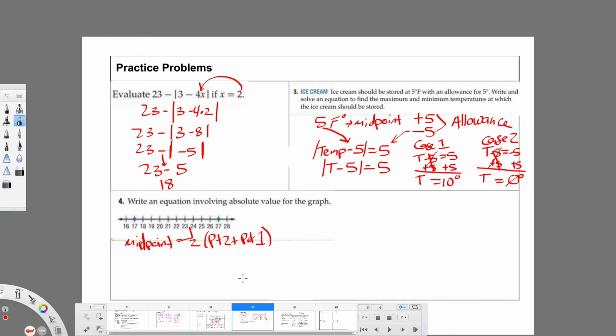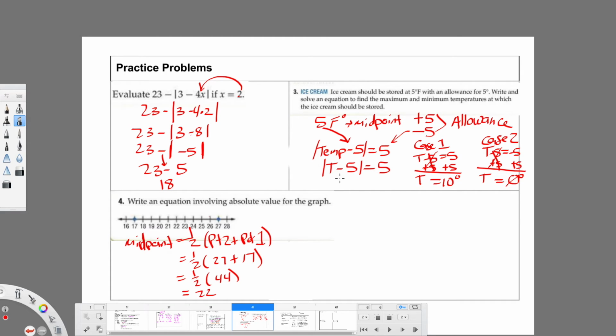So I would have 1/2 of point 2, which is 27, plus point 1, which is 17. It really wouldn't matter which one is point 1 and which one is point 2. So we have equals 1/2 of 44. When we add these together, 27 plus 17 is 44, equals 1/2 of 44 is 22. So either way, we end up with the 22. Just kind of depends on how we want to work that out.